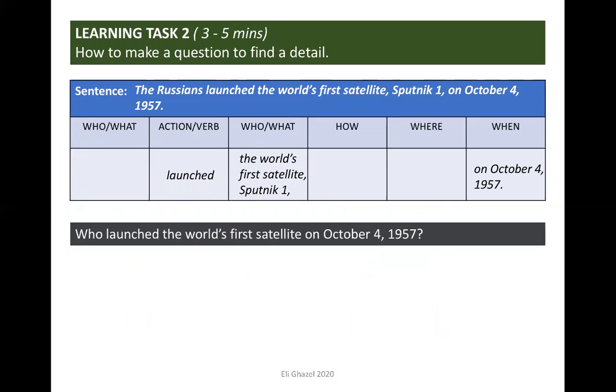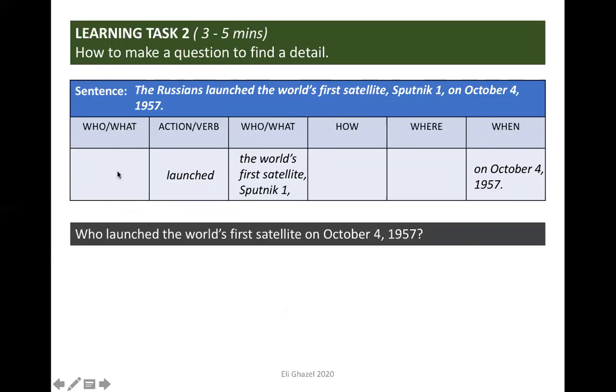Now, the next step is, since we learned this, we need to learn how to make a question to find a detail. So this is what we're going to learn now. Going back to the graphic organizer that we have for the simple sentence, the sentence is, the Russians launched the world's first satellite, Sputnik 1, on October 4, 1957.